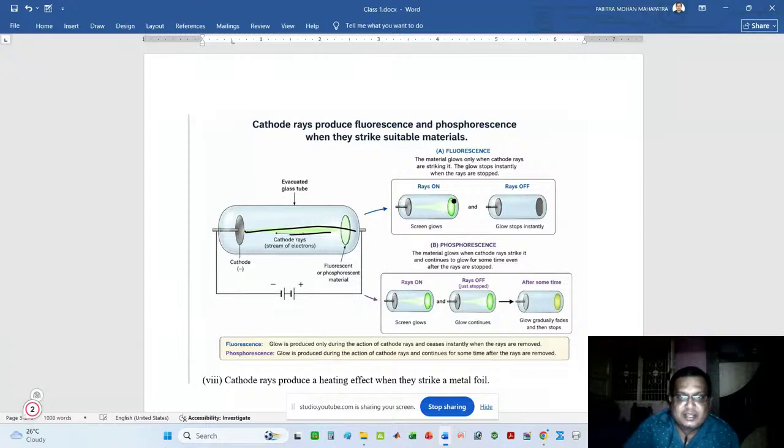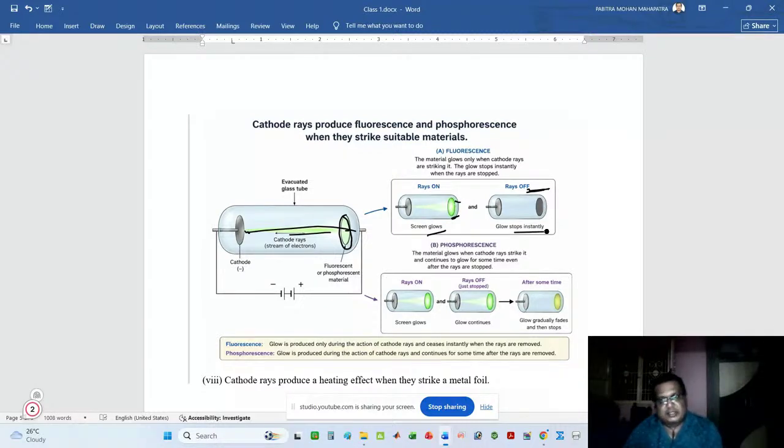When I keep a fluorescent substance and the cathode ray falls on it, it starts to glow. The screen glows. But when the ray is off, that means the ray does not fall on the fluorescent substance, then the glow stops instantly.